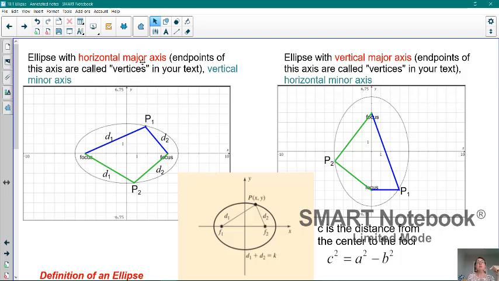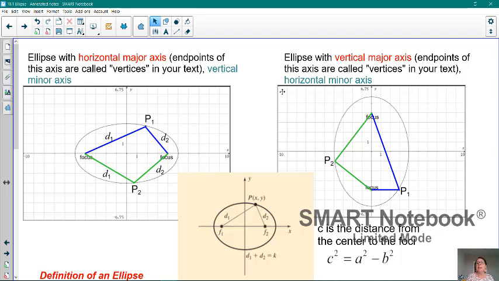All right, the major axis endpoints are called vertices in your text. So if you remember in the previous video how we counted left and right from the center, up and down from the center, wherever the major axis is, whether it's horizontal or vertical, the endpoints would be the vertices of the ellipse.